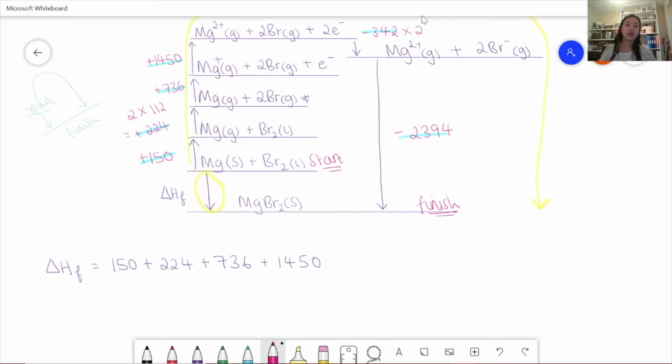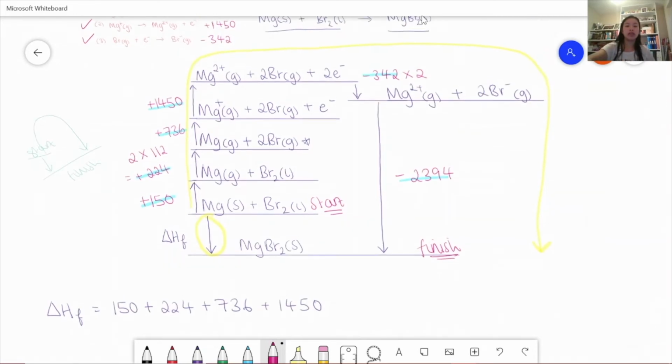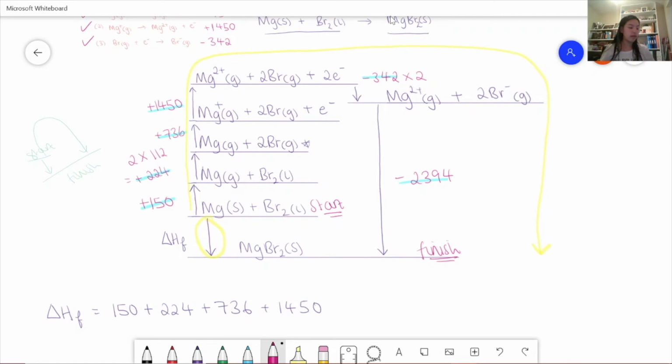So that will be minus 342 times 2, which is equal to minus 684. So that's the number that we need.